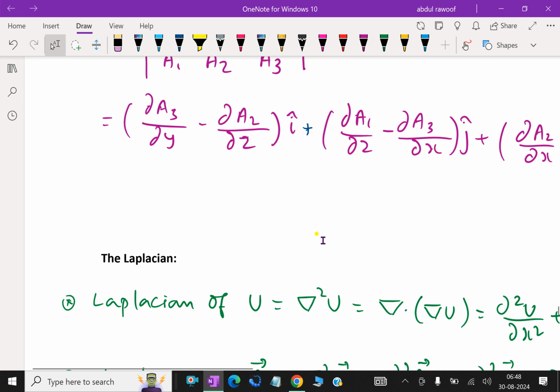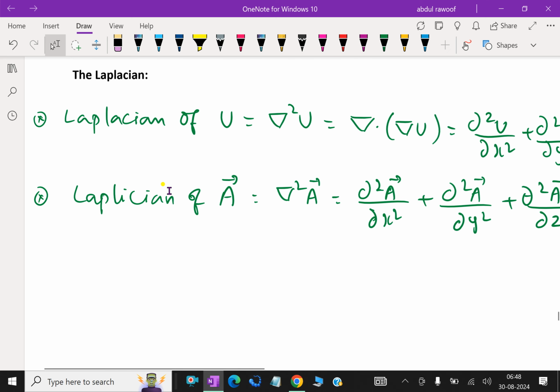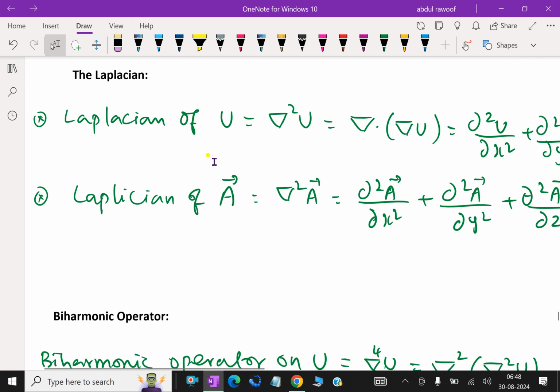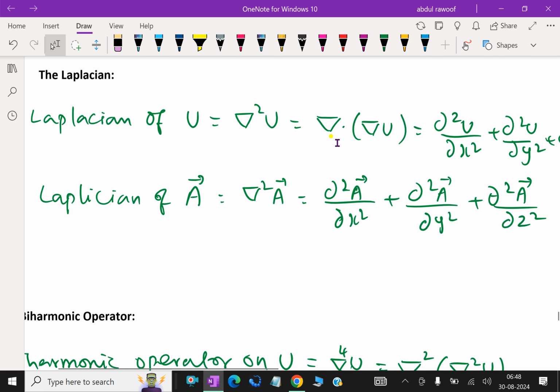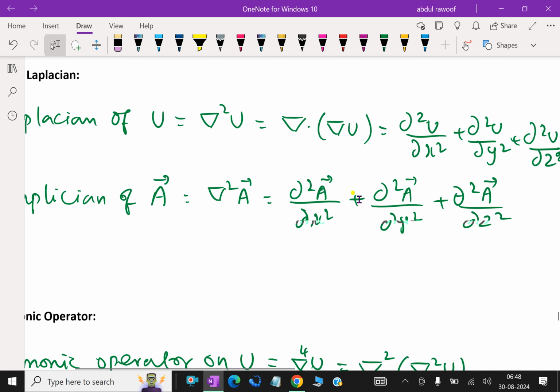Then next the curl. Next one is the Laplacian. The Laplacian of u is defined as del square of u, which is equal to del dot del u, which is further equal to dou square u by dou x square plus dou square u by dou y square plus dou square u by dou z square.